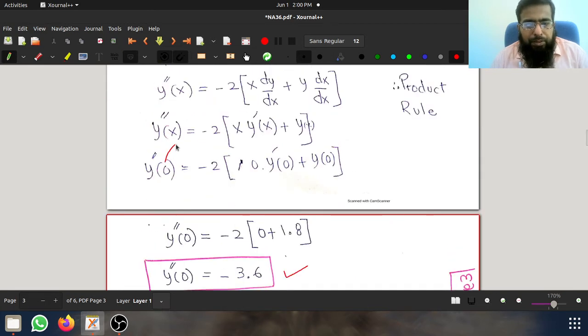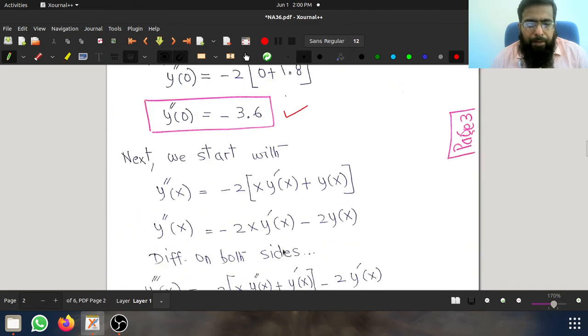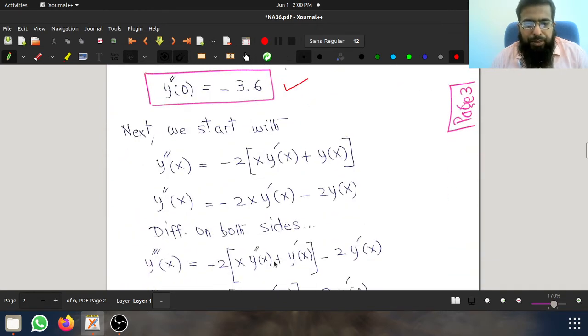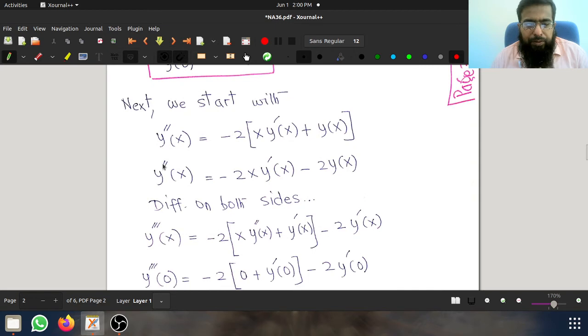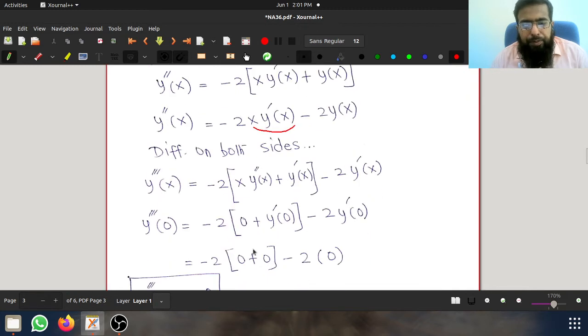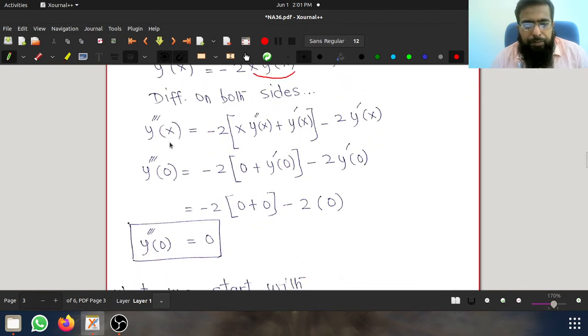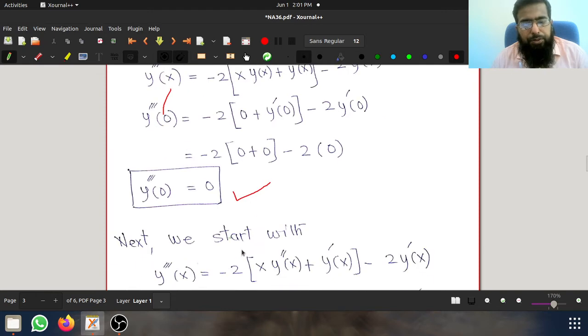So now we can start with this as a starting point, and we differentiate on both sides. And when we differentiate y double prime, it becomes y triple prime of x, and we apply the same product rule here, and then we put 0 instead of x, and we get y triple prime of 0 is equal to 0.